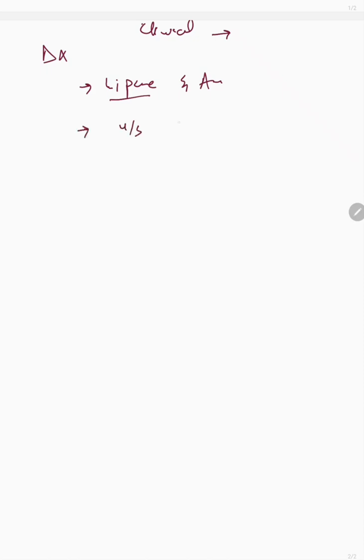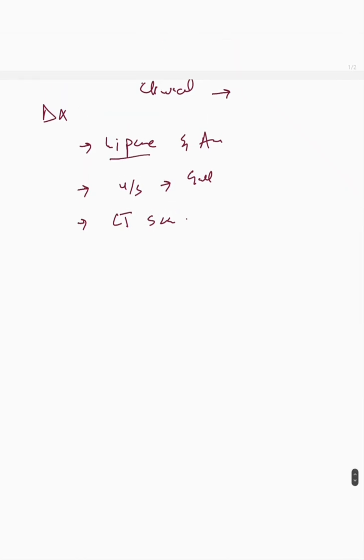Others like ultrasound are done. Ultrasound is mainly because, as I said, about 40% of the causes are gallstones, so we can find the cause there. And the perfect imaging test is the CT scan. It can tell you a lot about the complications that can come with pancreatitis, like necrosis.